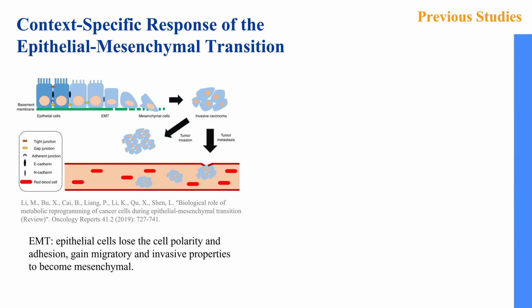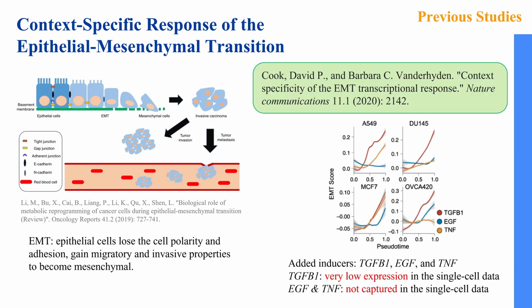To study this, there's a paper in which they use different inducers to promote these EMT transitions. They added three inducers in their experiment: TGF-beta1, EGF, and TNF. Since these three are manually added, they're not necessarily highly expressed in the cells that they measured.